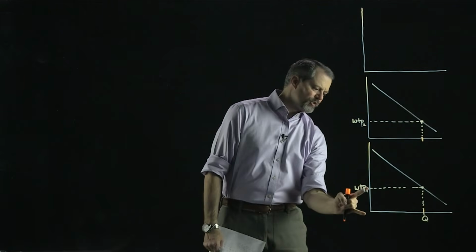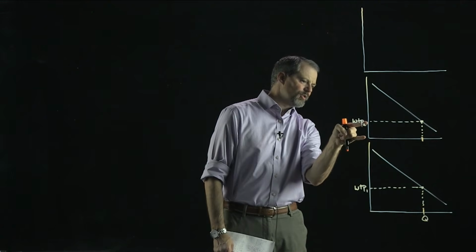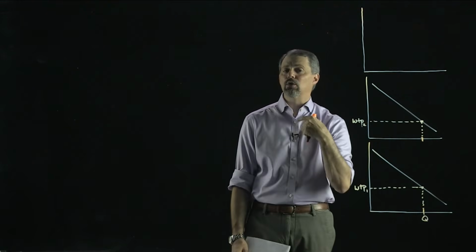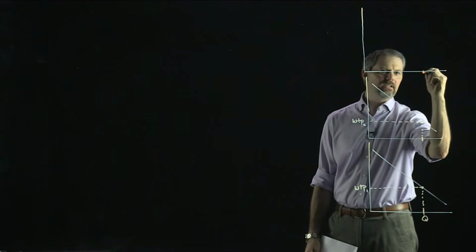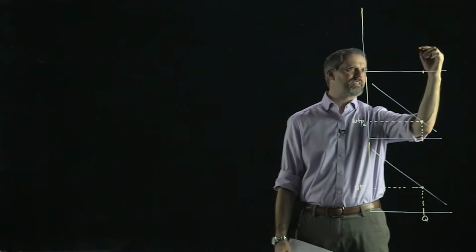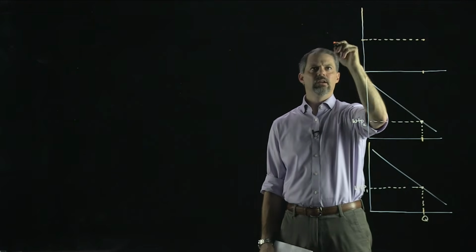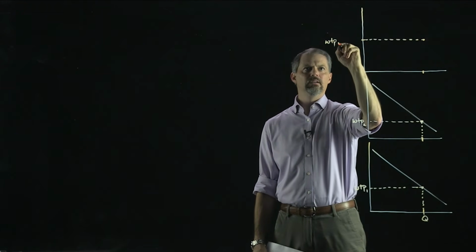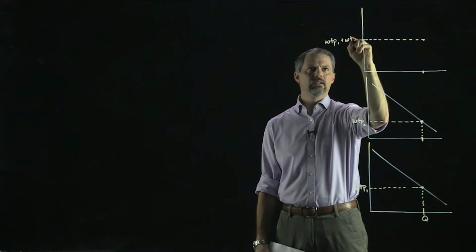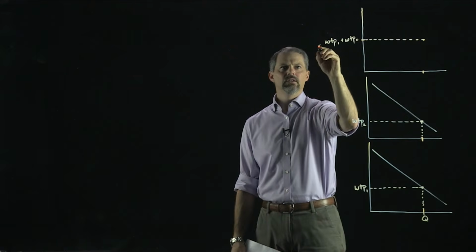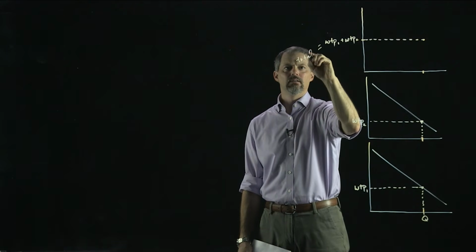So if this consumer is willing to pay that amount and this consumer is willing to pay that amount, then the total willingness to pay for this quantity would be this distance plus that distance. It would be somewhere up here. So this would be willingness to pay 1 plus willingness to pay 2. That would be total willingness to pay.